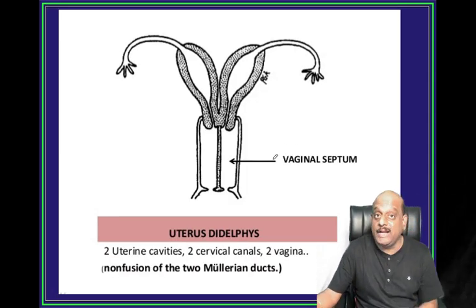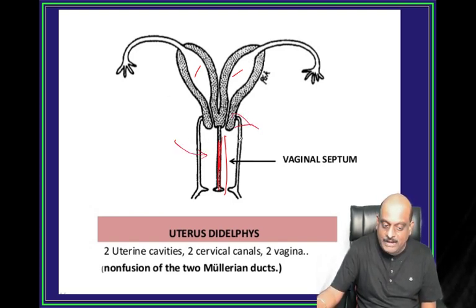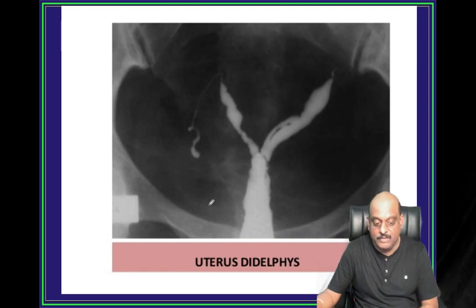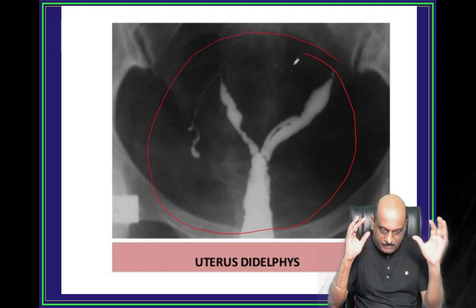Then this is uterus didelphys, which means there is a vaginal septum, 2 uterine cavities, 2 cervical canals, and 2 Mullerian ducts. That is uterus didelphys. This is how the uterus didelphys typically looks.